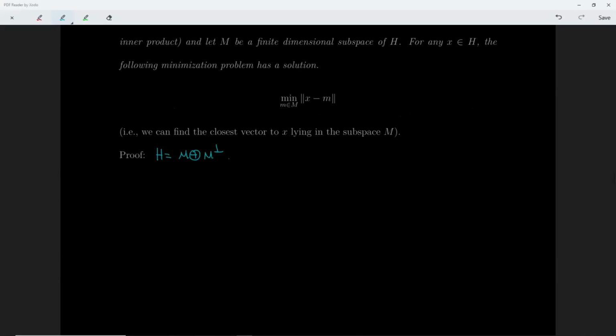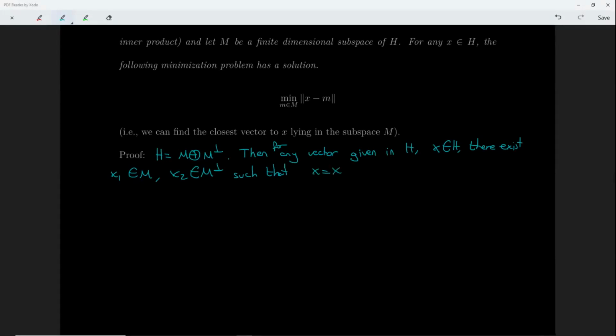By this, we get a decomposition of any vector into M and M orthogonal complement, so that for any vector X in H, there exist x1 in M and x2 in M perpendicular, such that x is equal to x1 plus x2.